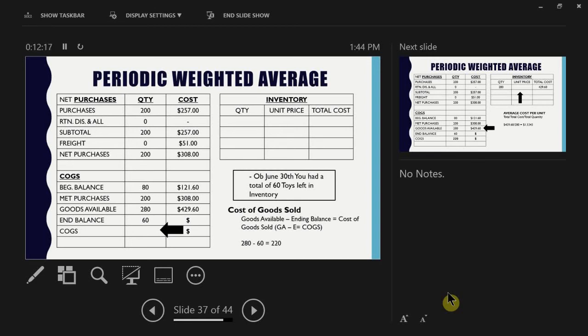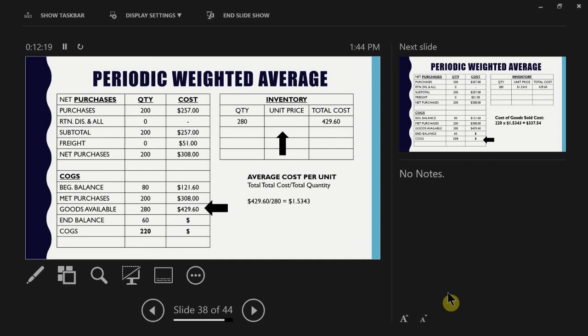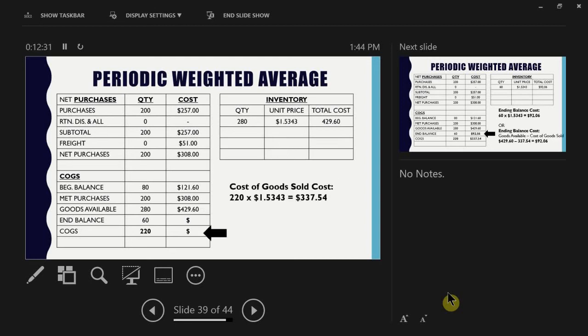So in this case, I'm going to take it up to my inventory and I'm going to solve for what that 280 is, or what that 429.60 divided by 280. And then that's going to give me a new average cost per item of $1.53 and 43 thousandth of a penny. Okay?